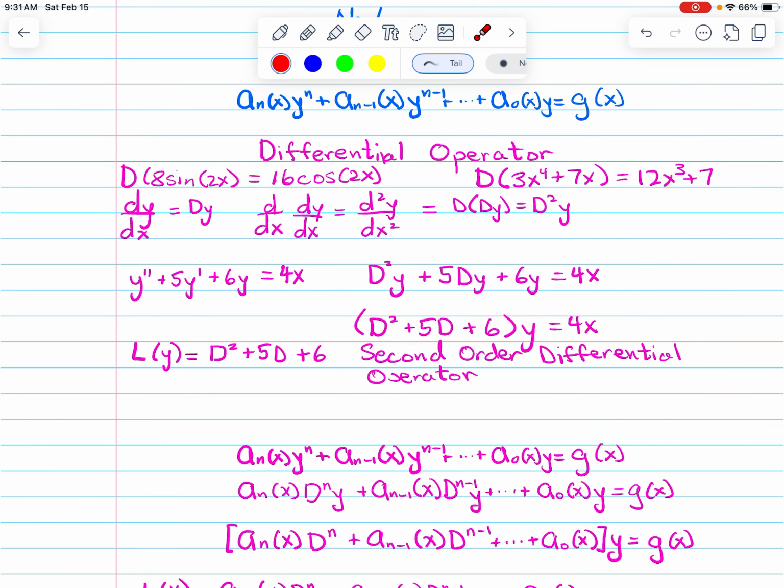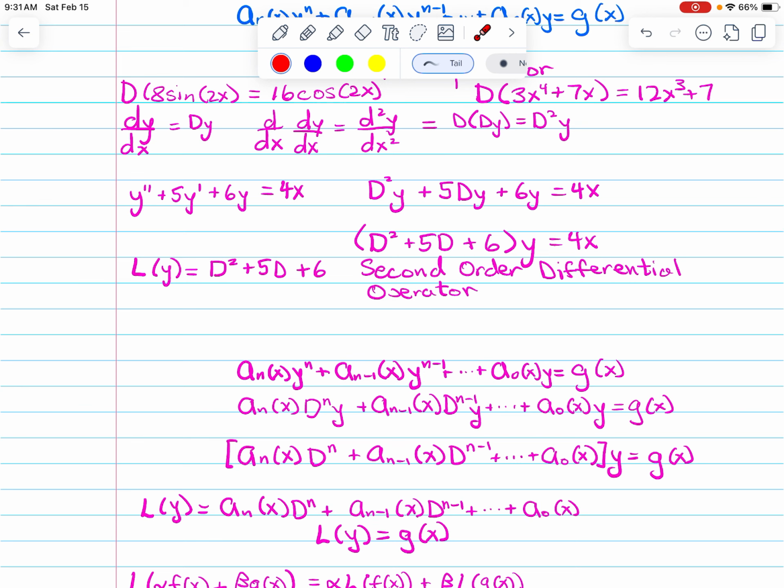Okay, so we're just paying attention to this notation. If we have a differential equation like this one right here, just a standard linear differential equation, we can rewrite that in this way using our differential operator. And then you could factor out the y. See, there I factored out that y. And now we have this differential operator, L of y. And notice I'm just writing that without the y's. That itself is a differential operator.